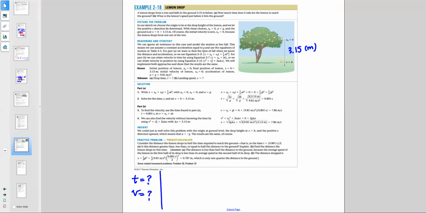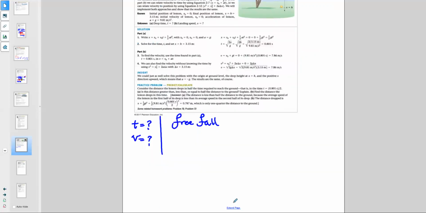Now, it's very important to understand that this is a free fall, and we talked about free fall in our chapter 2 video, at the end of the chapter. Free fall is a motion with constant acceleration, and that acceleration is not changing because the gravity of Earth is the same.